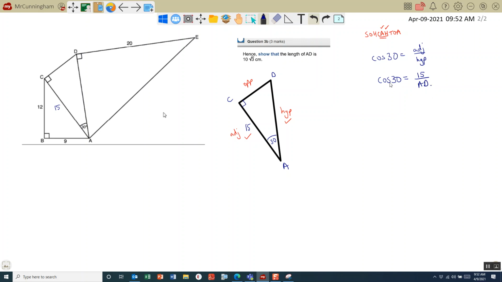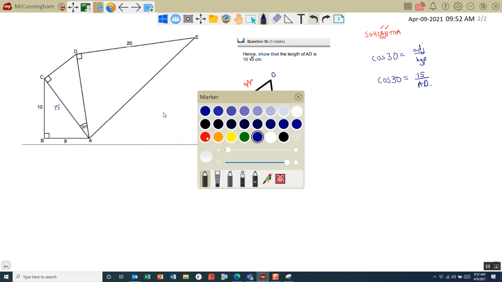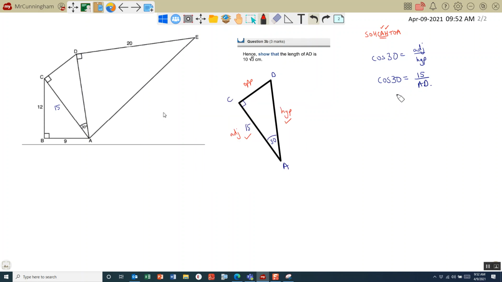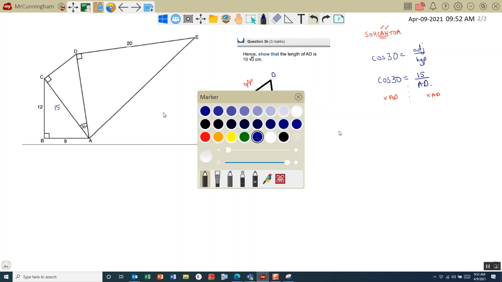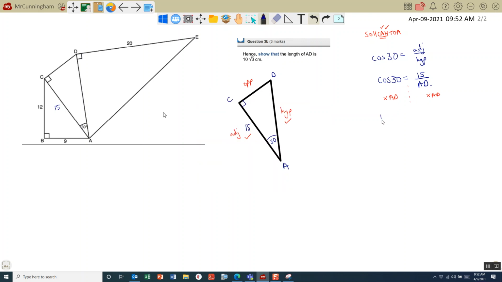Now, in order to find out what AD is, I'm going to need to rearrange this. There are different ways you can rearrange this. You may be able to do it in one step. But just to show you one particular way, in order to get AD by itself, AD is part of this fraction. So to get rid of the fraction, I multiply both sides by AD. Then on the left-hand side, I get AD times cos 30.